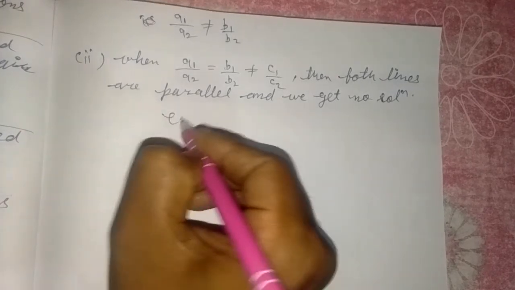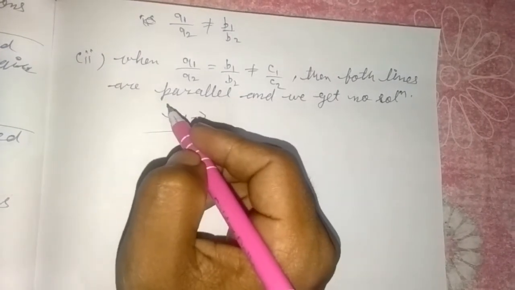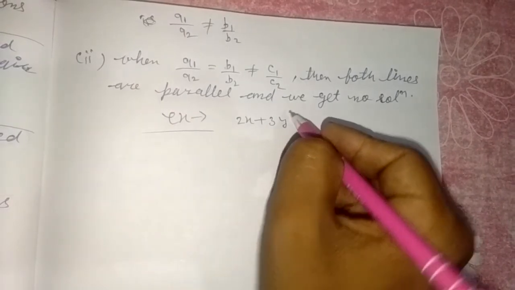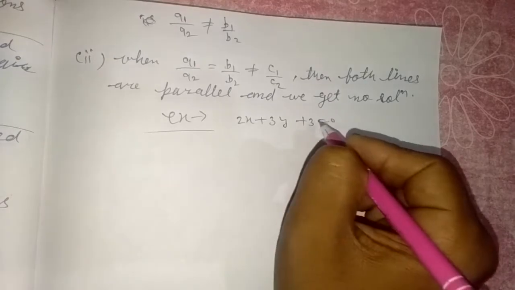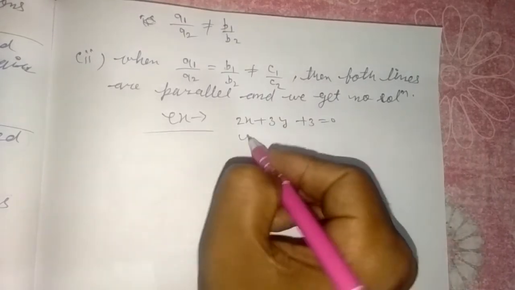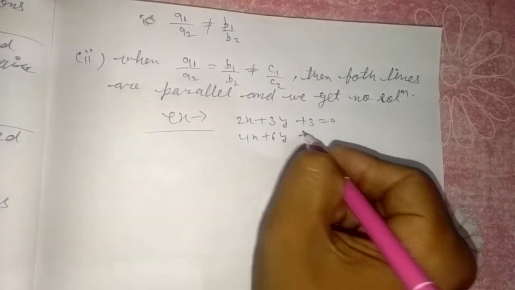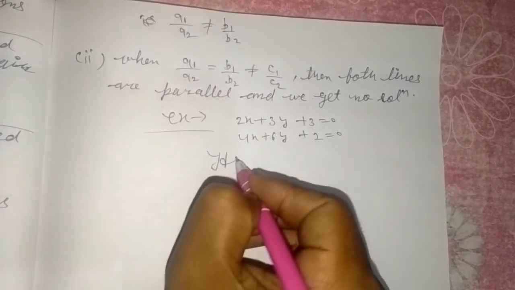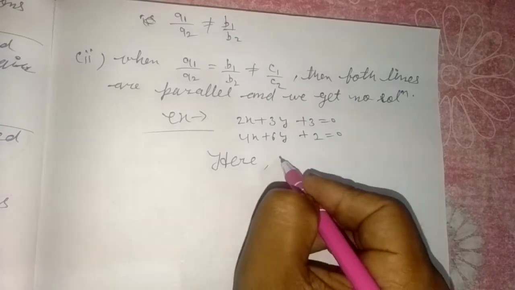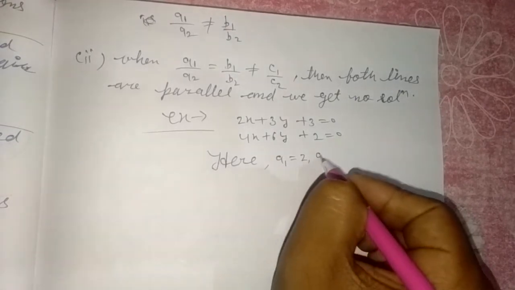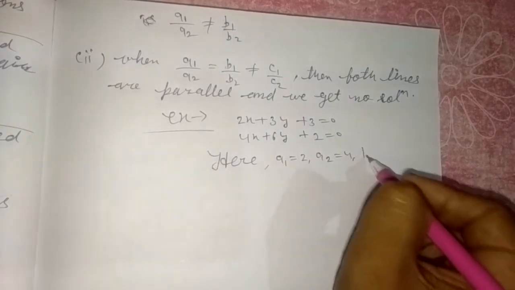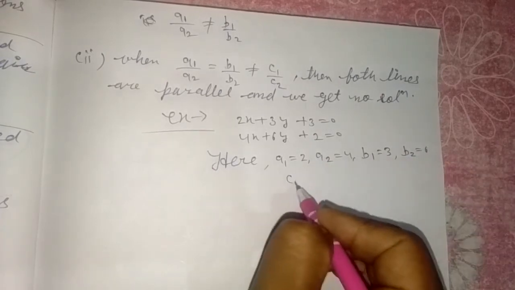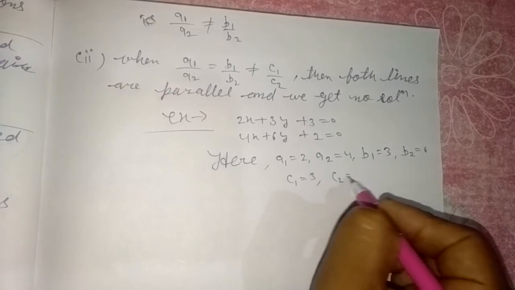For example, 2x plus 3y plus 3 equal 0, and 4x plus 6y plus 2 equal 0. Here a1 equal 2, a2 equal 4, b1 equal 3, b2 equal 6, c1 equal 3, c2 equal 2.